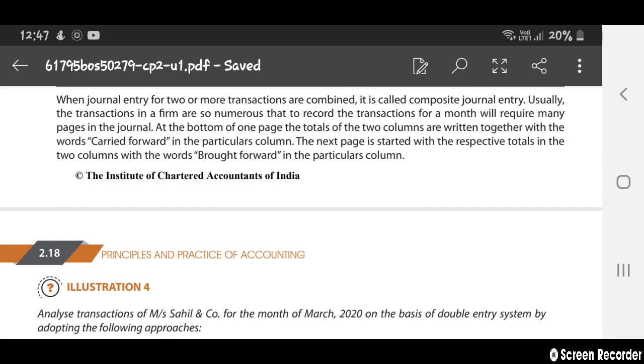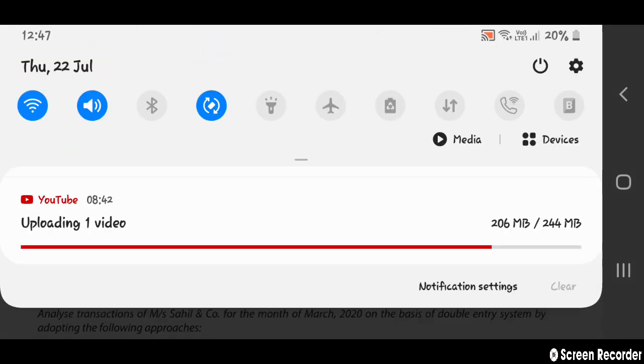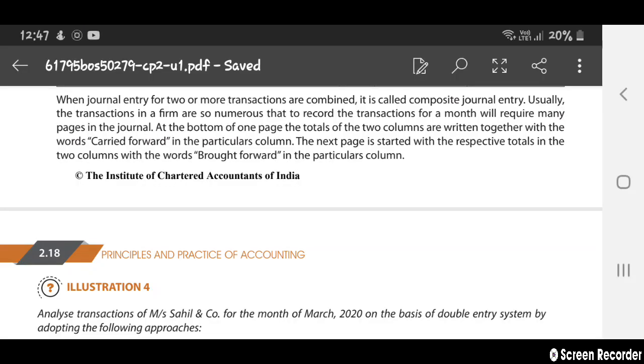Usually the transactions in a firm are so numerous that recording the transactions for a month will require many pages in the journal. At the bottom of one page, the totals of the 2 columns are written together with the words carried forward in the particular column.